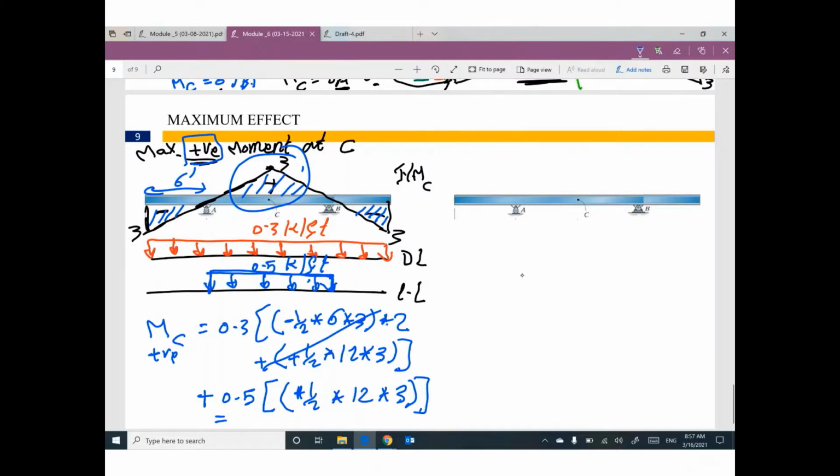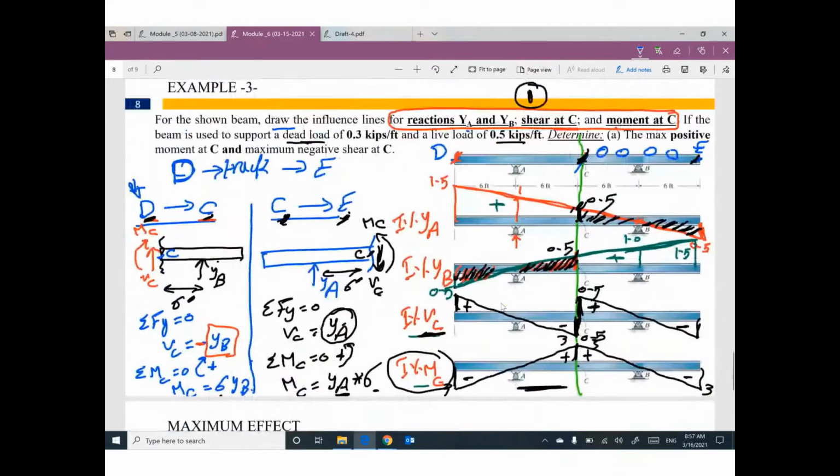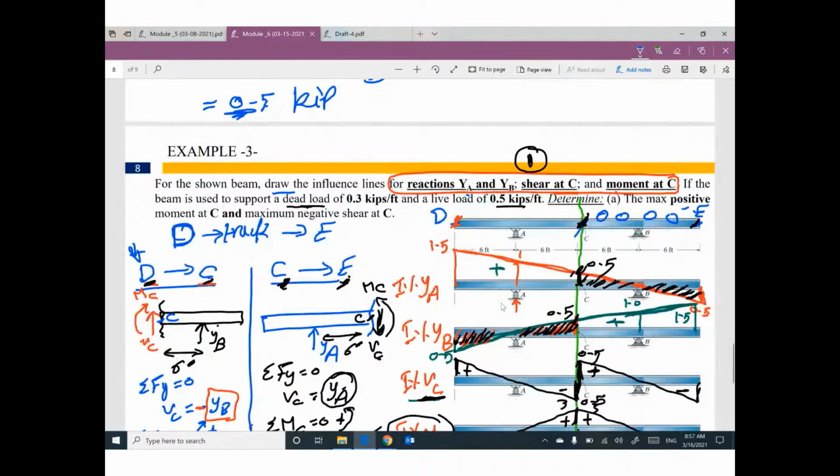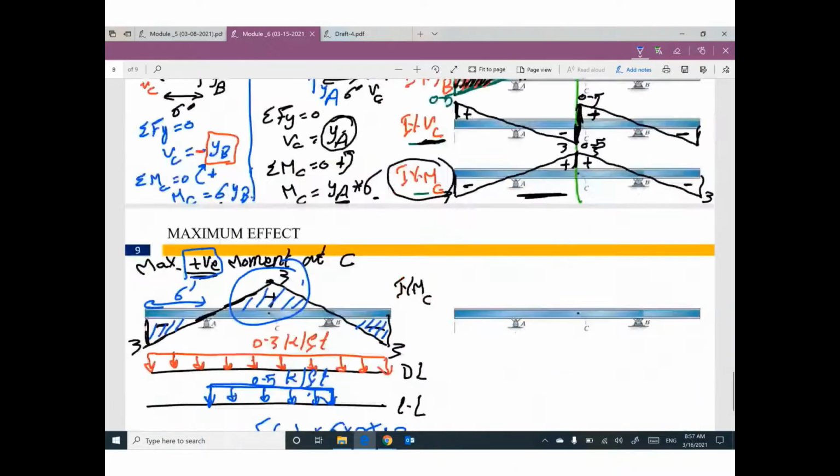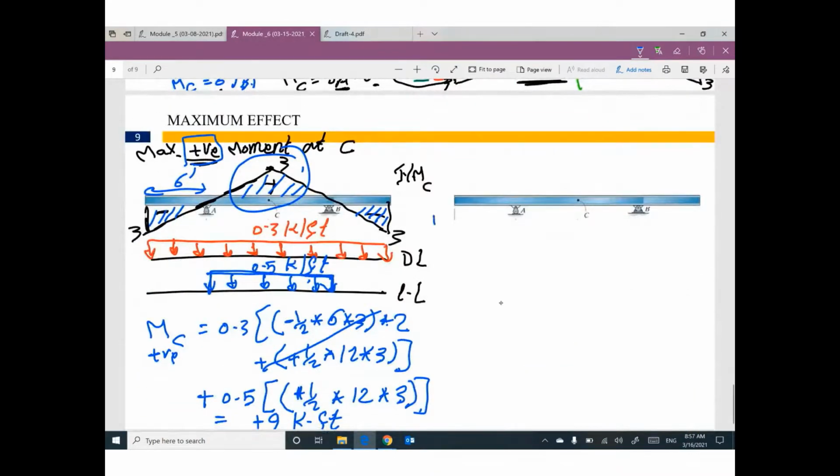This value will be positive 9 kip-feet. This is the maximum positive moment at C. What about the maximum negative shear at C? Can you remind me what the influence line for shear at C was? Your influence line was something like this.